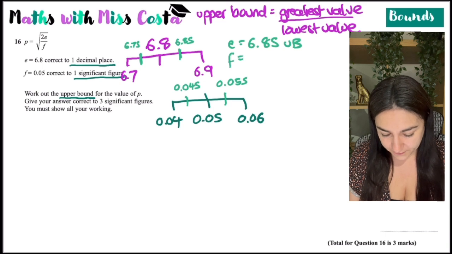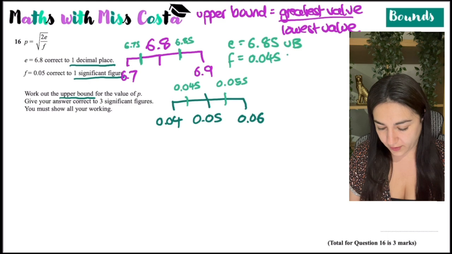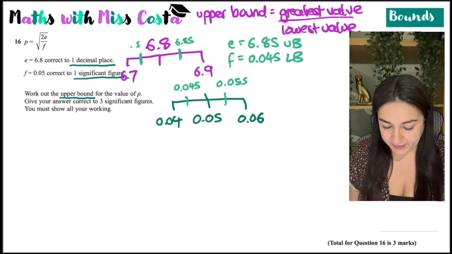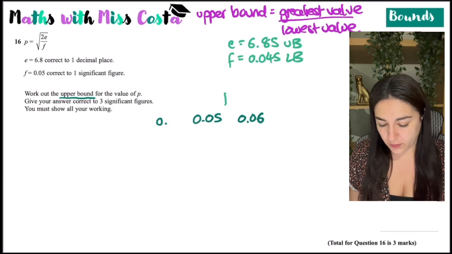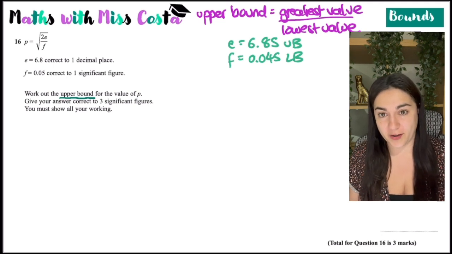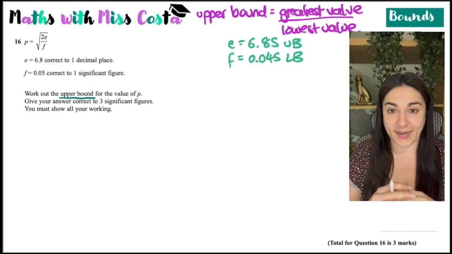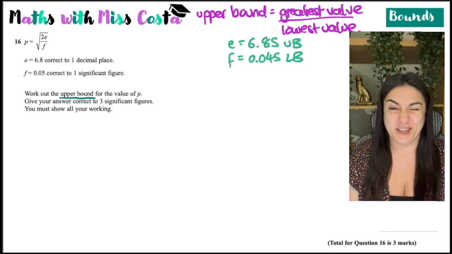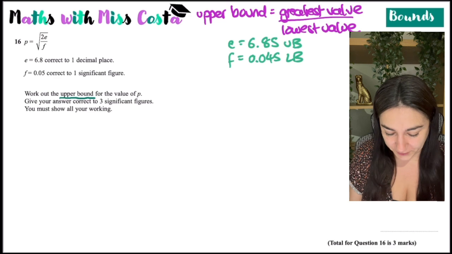So for f, the lower bound is 0.045. I don't need the other values because I already know that to find the greatest value for p, I need to do the upper bound divided by the lower bound. But once again, if you're not 100% confident, just do all of them if you have extra time and if this isn't your strong suit.